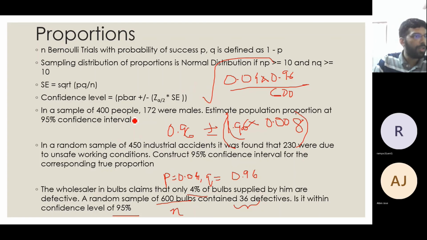So I will get my confidence interval as 15 to 33. If you change it to x minus mu by sigma kind of thing, you will get 15 to 33. So the 36 is outside of this. So I can tell that it is outside my 95% confidence interval.